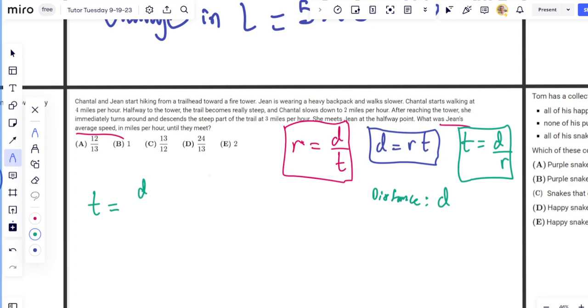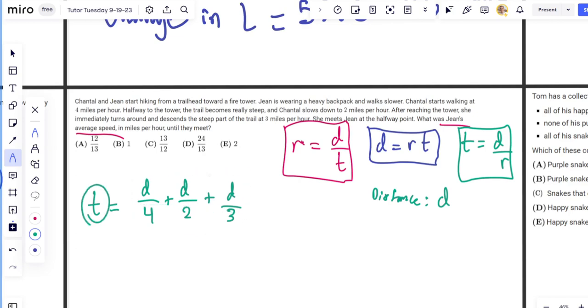For the first part of the trip, Chantal was going distance d at a rate of 4 miles per hour. Then she was covering the distance at a rate of 3 miles per hour. Then a distance at a rate of 2 miles per hour. Or actually, these should be flipped. It was 2 and then 3. But nonetheless, this gives us the total time of travel in terms of the distance.